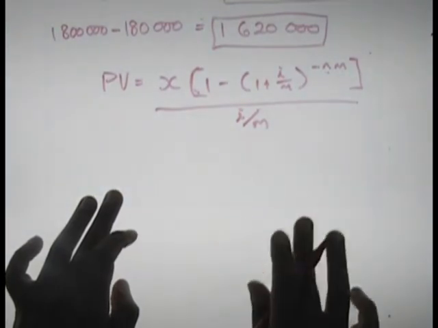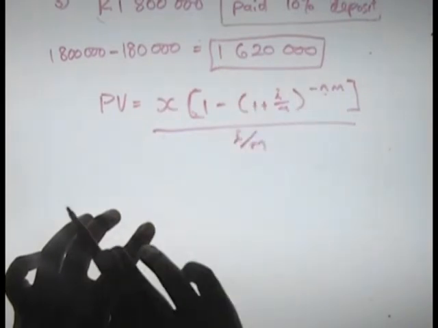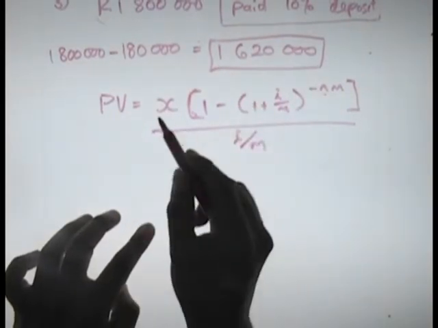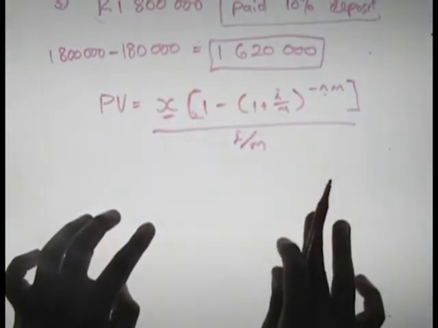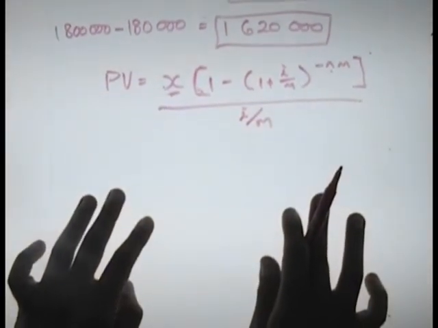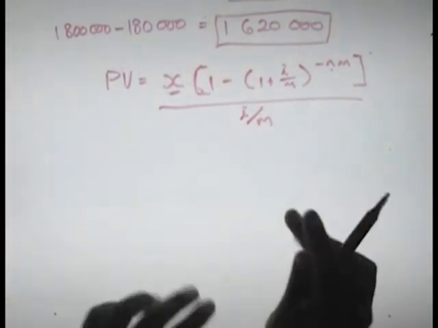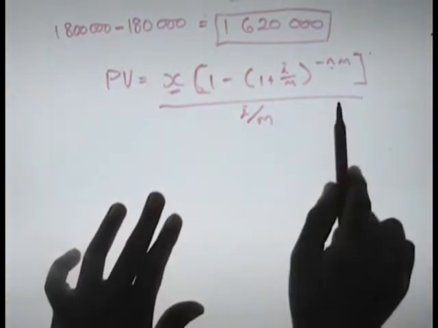Remember, we know the present value of our loan, 1,620,000 rand. Again, we are trying to calculate x. Again, I'll say this: first manipulate your formula before you start plugging in values, especially with questions like this.